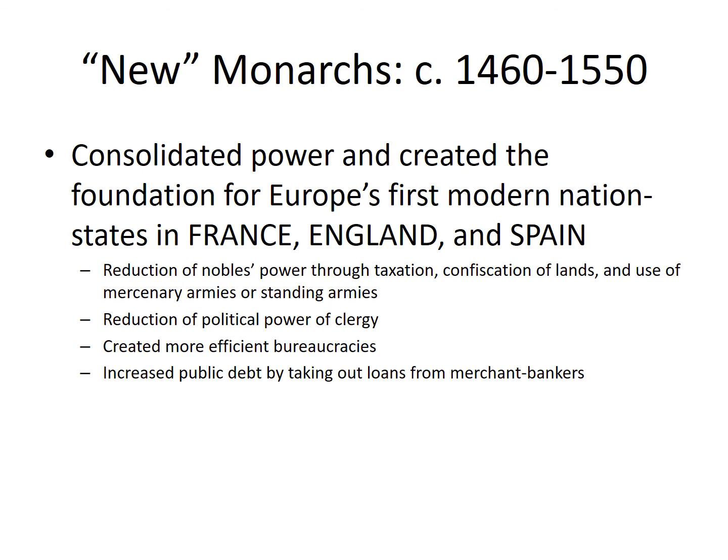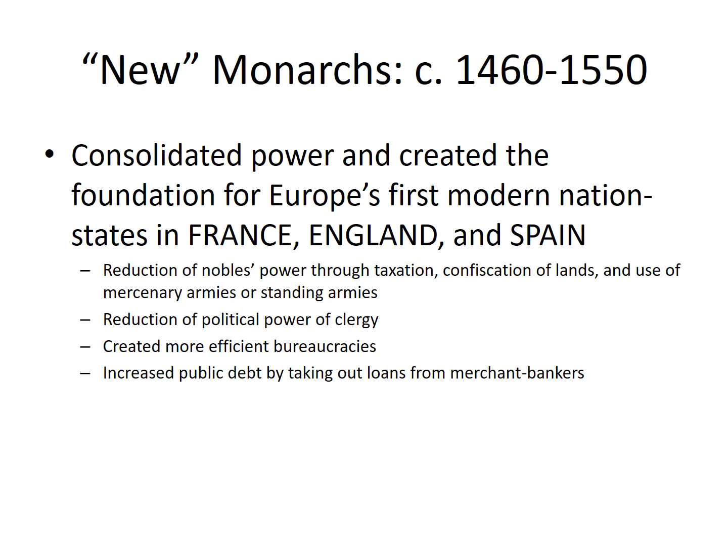They will also create more efficient bureaucracies, usually by utilizing the upper middle class, so it's the merchant class, manning their bureaucracies rather than depending on the nobles to do that. Again, that's another way they can reduce the power of the nobles.